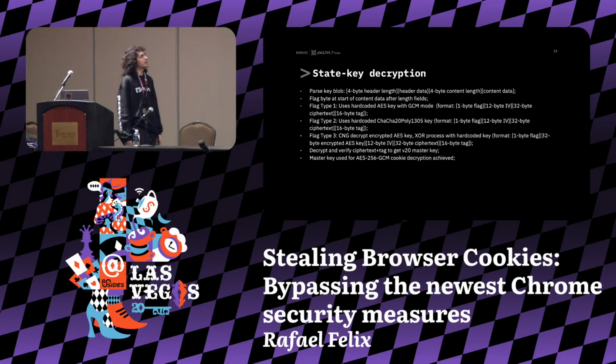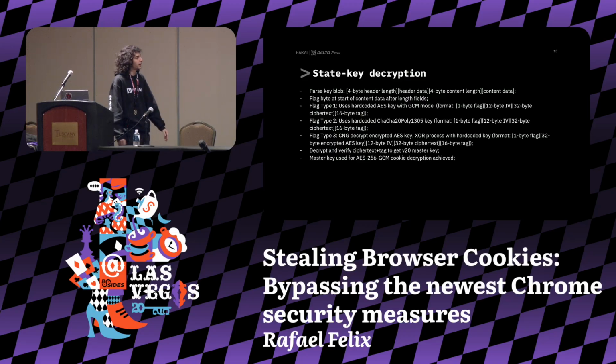The flag byte is at the start of the content data after the length fields. So the first byte is going to be the flag, and then we are going to check this flag. Because we have 3 flags, it means that Chrome is doing backwards compatibility, so keys that were created on older versions of Chrome will also work with this algorithm.